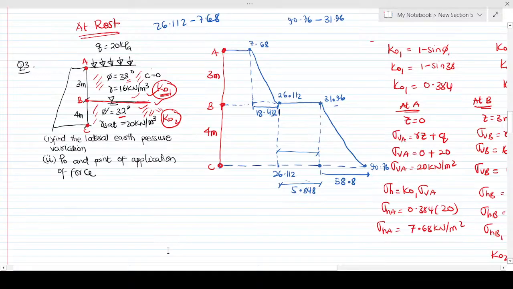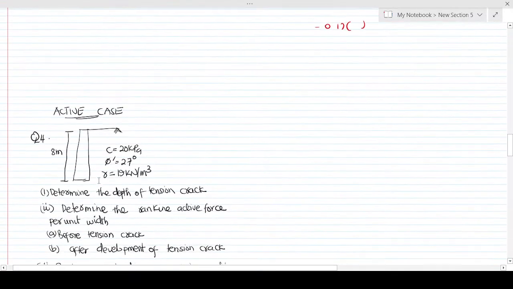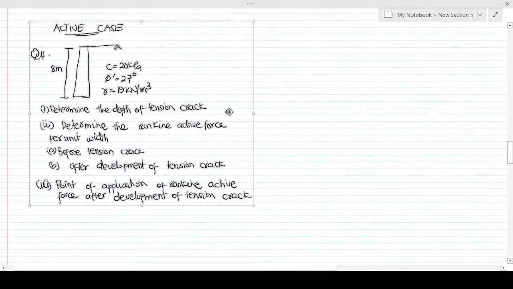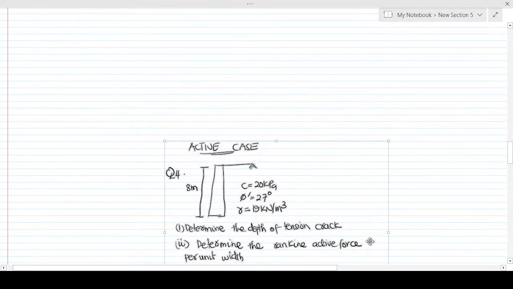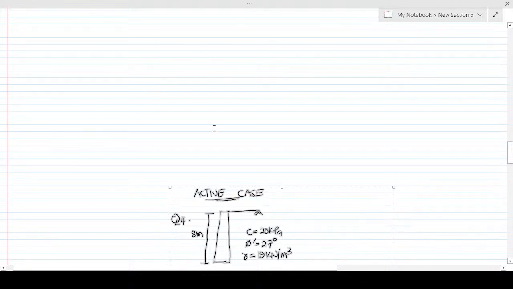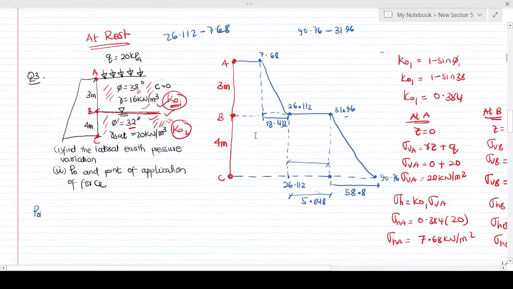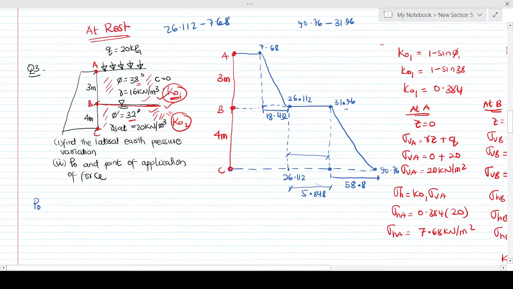Now let me take this down a little bit so that I can get more space to do the calculations here. We need the force P naught, right? P naught is simply the areas. Let me change my color so that you can clearly see.